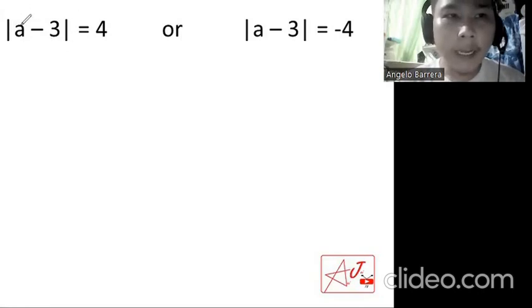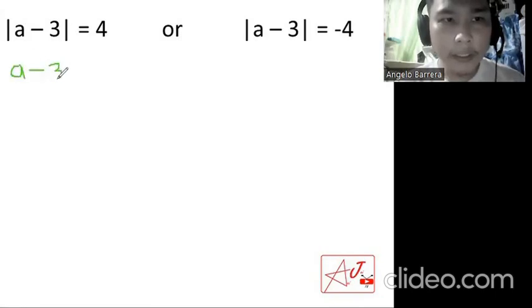Una, kunin natin ang absolute value nito, a minus 3. At ang absolute value ng a minus 3 is simply a minus 3. Or sa madaling salita, tinanggal lang natin yung absolute value, which is equal to 4.